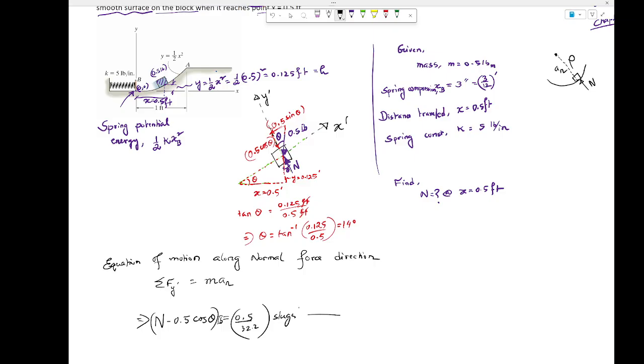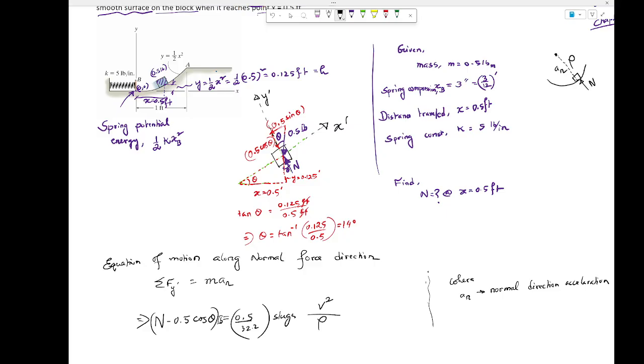Things get a little complicated. This a_n is v squared over rho, where maybe you'd like to put a little note here. a_n is the normal direction acceleration.